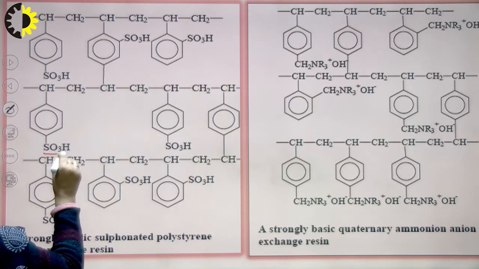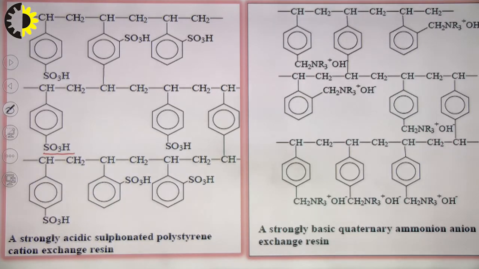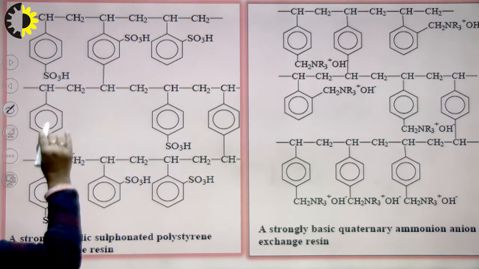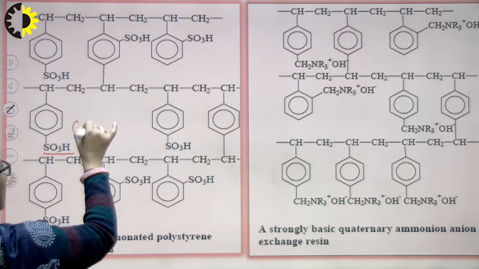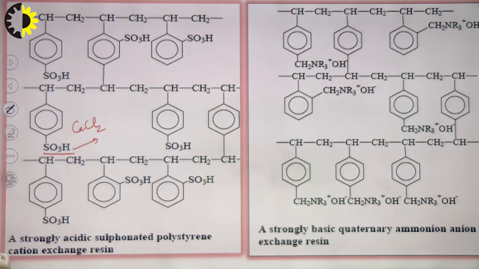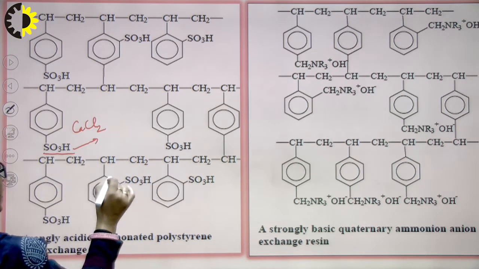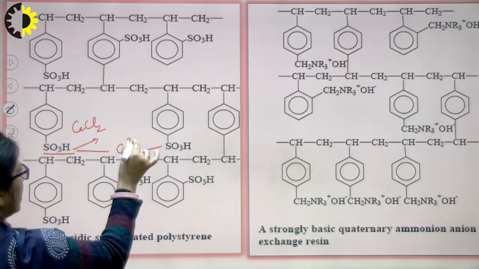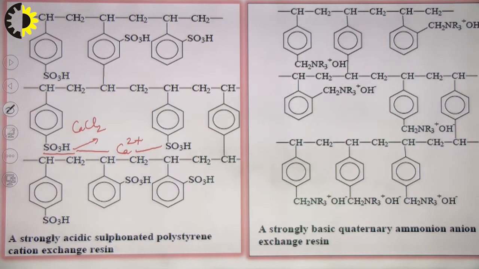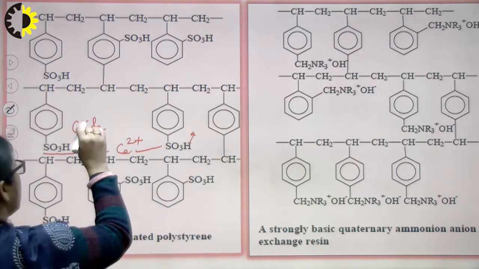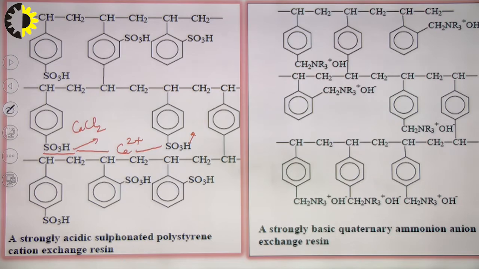Here these functional groups are going to exchange their H plus with cations in water. What will happen when my hard water containing calcium chloride passes through? H plus will move out of the system, and here the calcium ion is going to get fixed, and a similar amount, 2 hydrogen ions, are going to move out of the system.